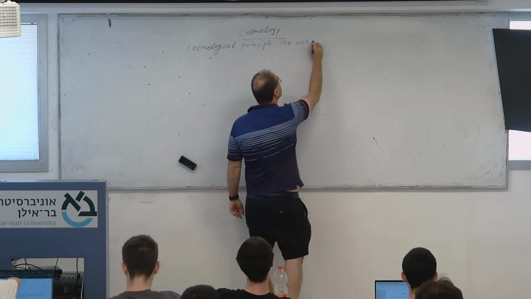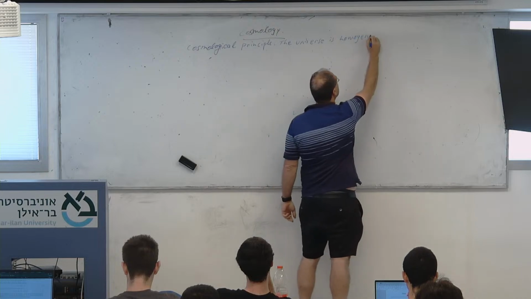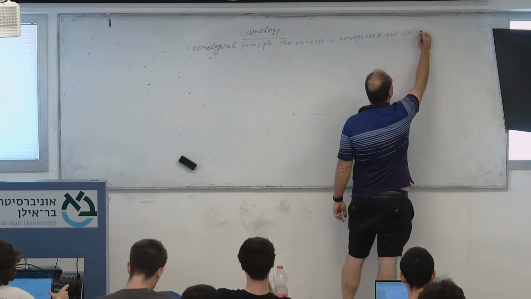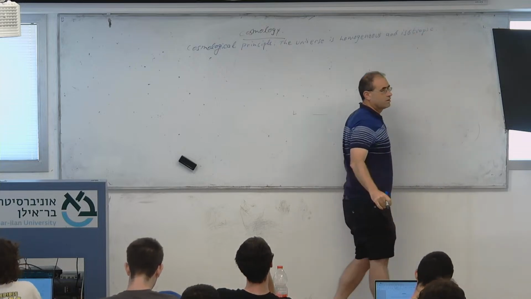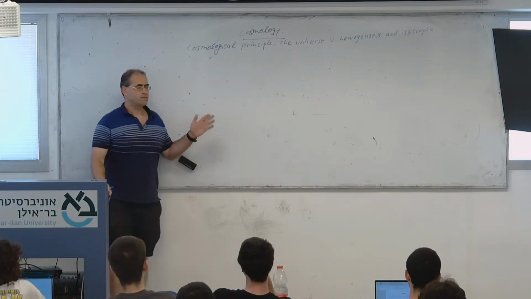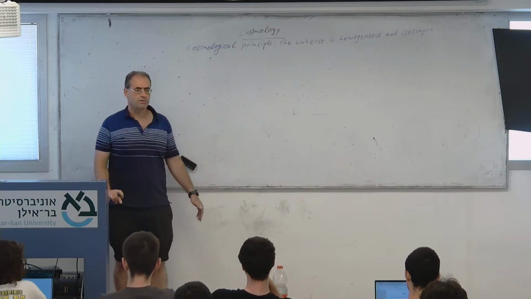Homogeneous means every place we go, it looks the same. Isotropic means in every direction that we're looking, it looks the same.